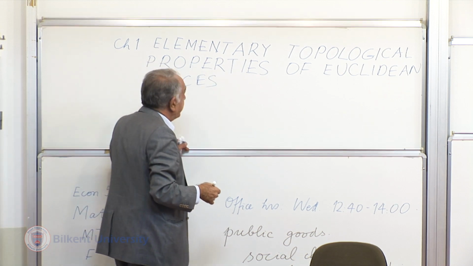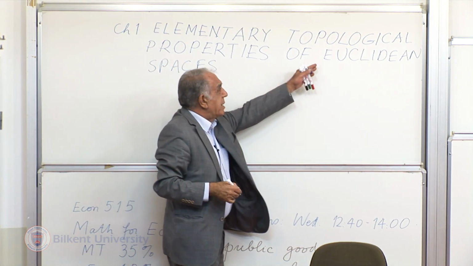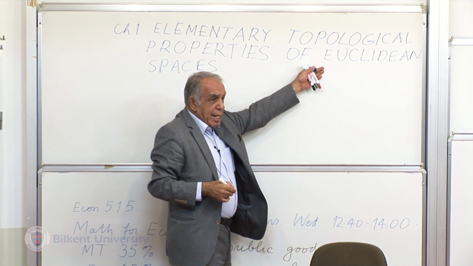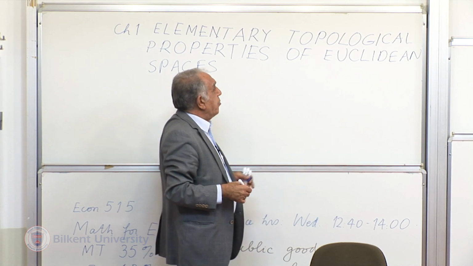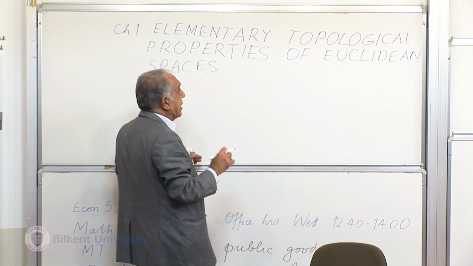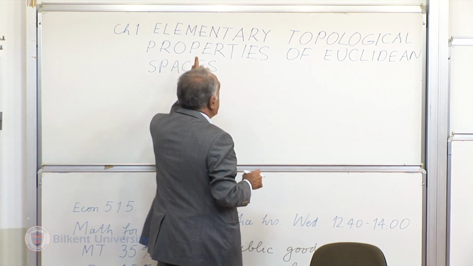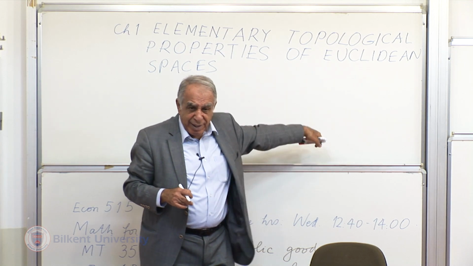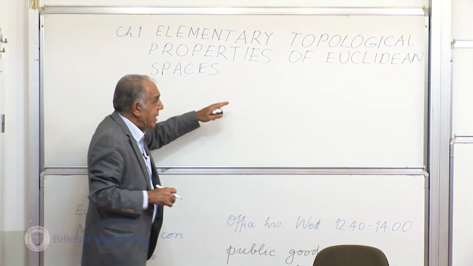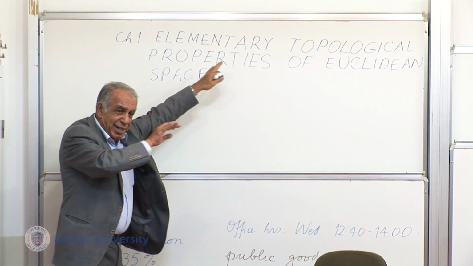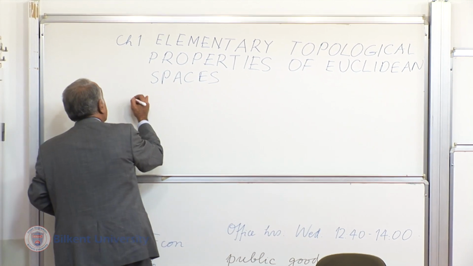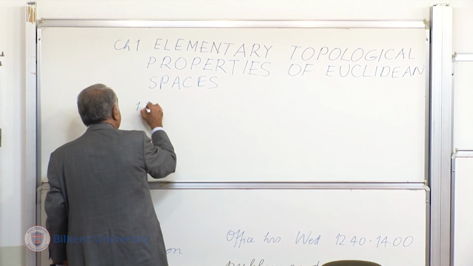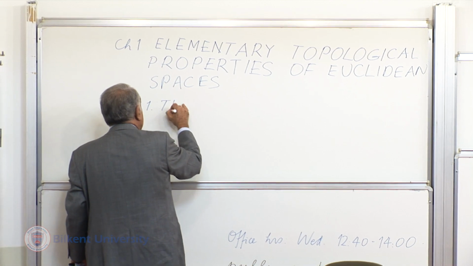Now here, as I said, this Euclidean will be based on the geometric structure that we will impose on Rn. But what topological is, that's the main thing that we will be dealing with in here. Let's leave that for the time being. So 1.1, that will be the real number system.